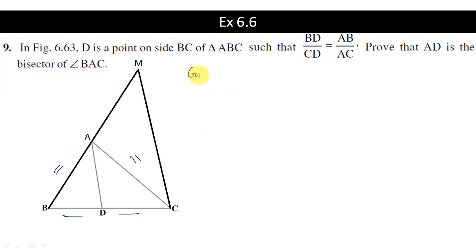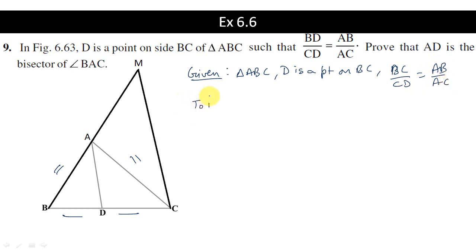So first of all, we are given triangle ABC. D is a point on BC. Also the ratio is given, that is BD upon CD is equal to AB upon AC, and we need to prove that AD bisects angle BAC, or I can say angle 1 is equal to angle 2.